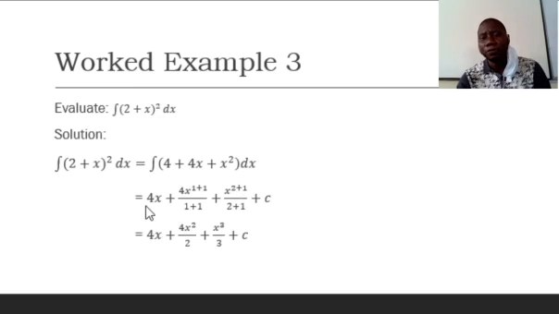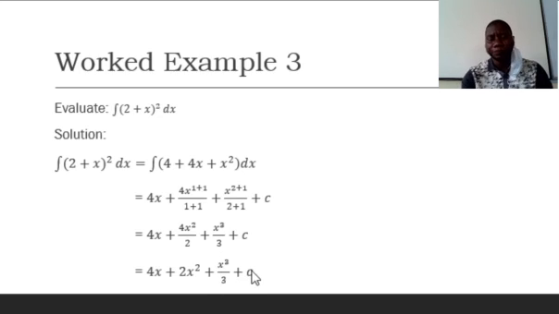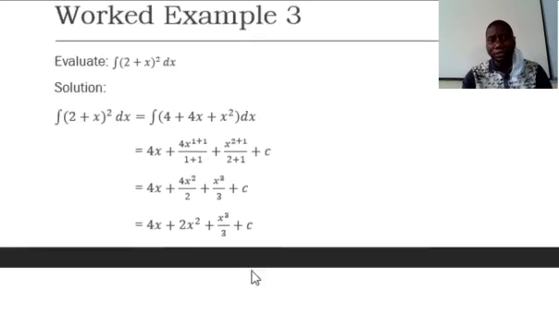And that is going to give me 4x plus 4x^2 over 2, plus x^3 over 3, plus c. Then 2 can go into 4. I'm now going to end my solution with 4x plus 2x^2 plus x^3 over 3 plus c. And that is the end of that solution.